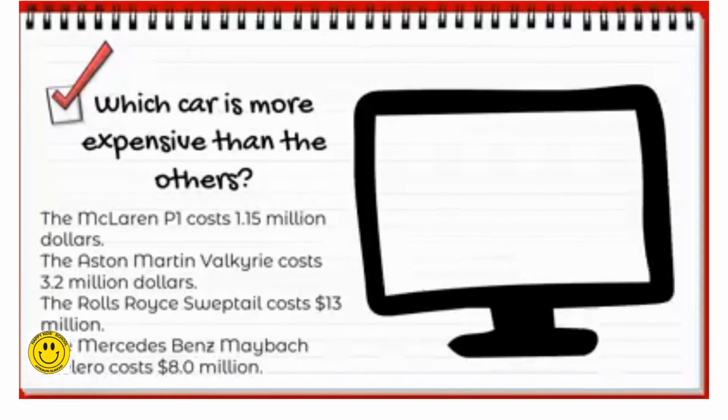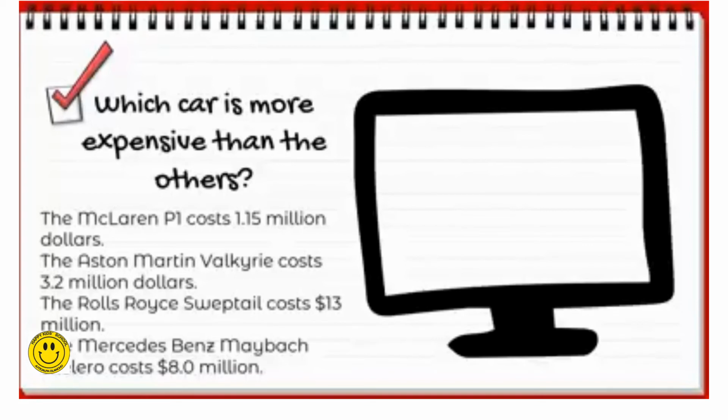Now here, what I want you to tell me is which car is more expensive than the others. The McLaren costs $1.15 million. The Aston Martin, $3.2 million. That's crazy, right? Take a look at the Rolls Royce. It costs $13 million.